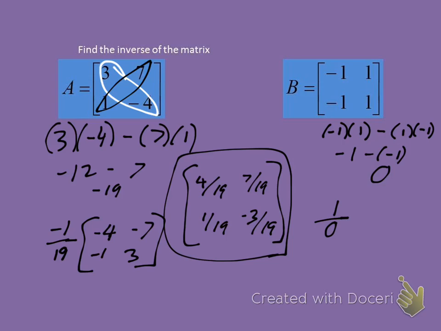Oh, undefined. Thank you. Undefined. Okay? If you end with a determinant of 0, it's undefined. All right? Every time. If it's a determinant of 0, you got undefined, and that's what you put.